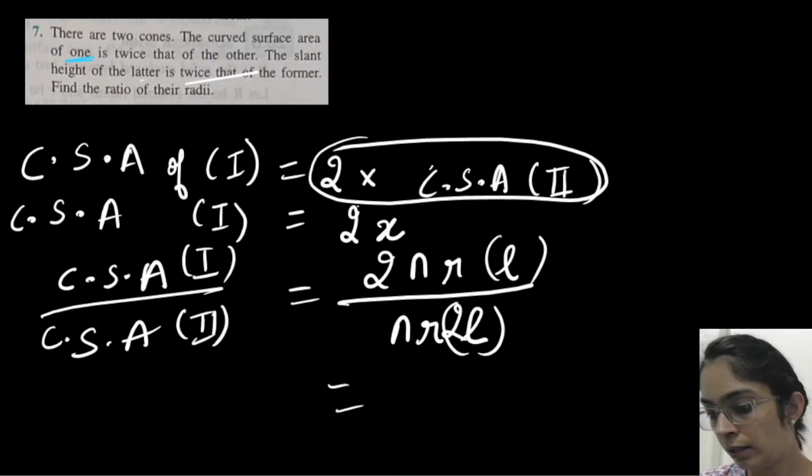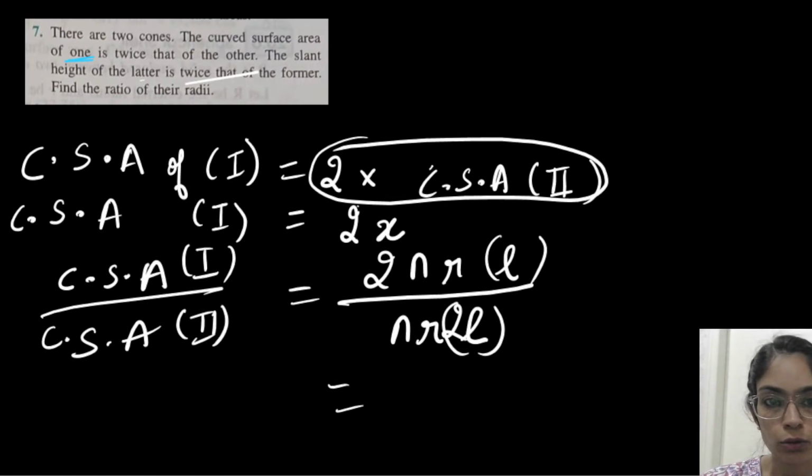According to me the answer should be, how come 4 is to 1? Every one of you is giving the answer 4 is to 1.